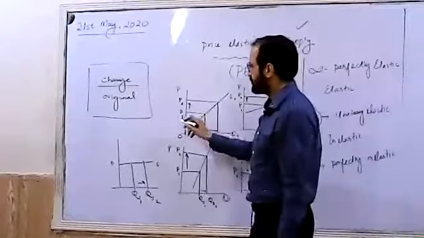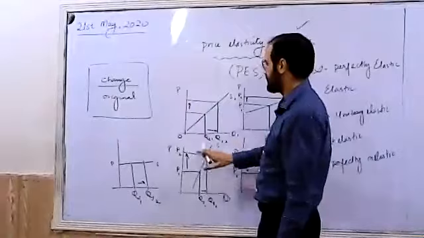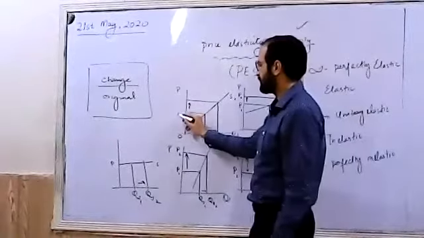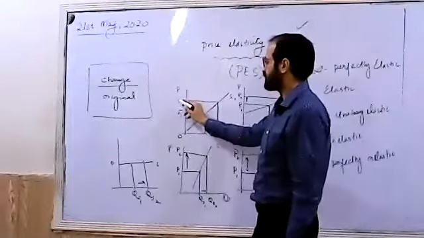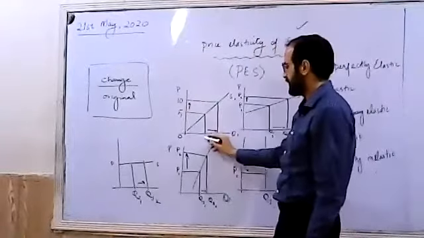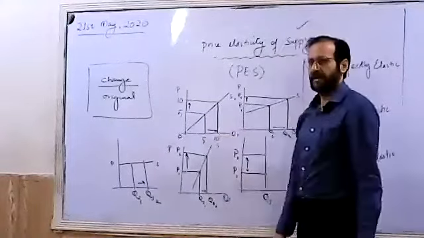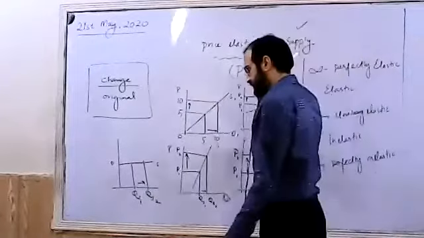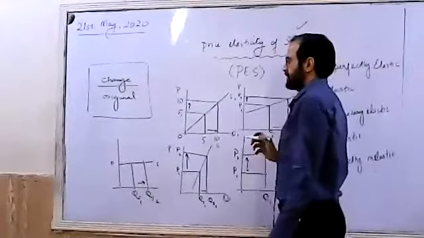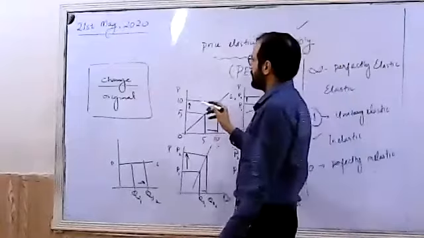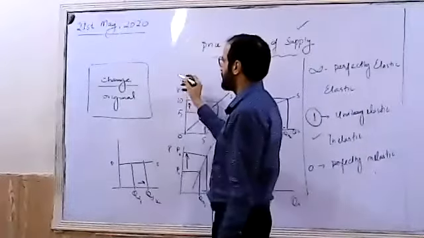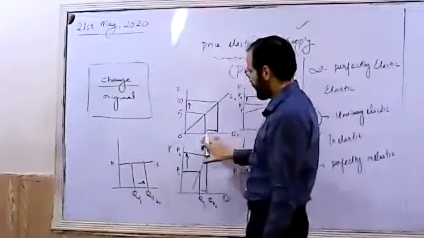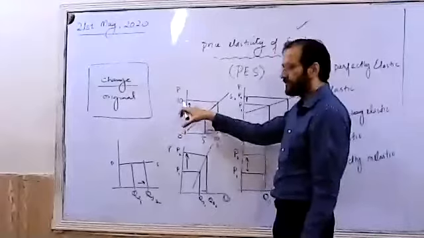Now, this is P2 and this is P1. I'm going to put up the prices this time, and I'm going to put some values on this axis as well. So let's say this is price 5, and the price is increasing from 5 to 10. Again, this is 5 and this is 10. Let's see what elasticity answer we get. So what is the change, dear students? In both change in the price and change in the quantity supply, we can see that there's a change of 5 over here and a change of 5 over here.